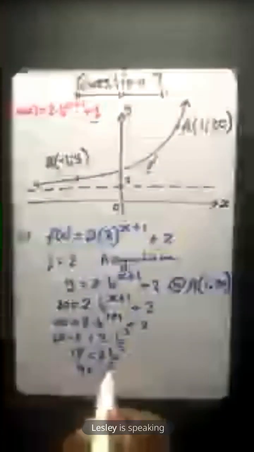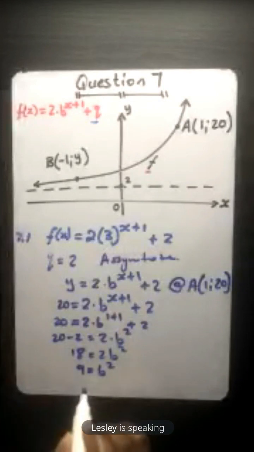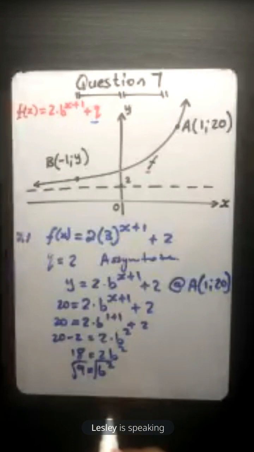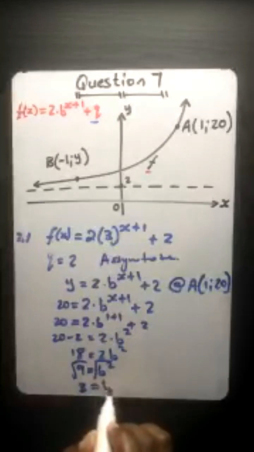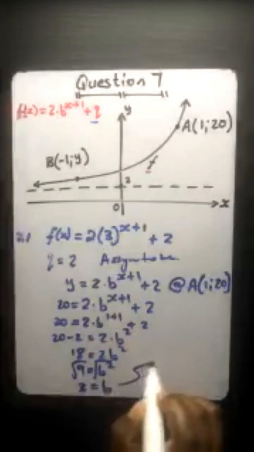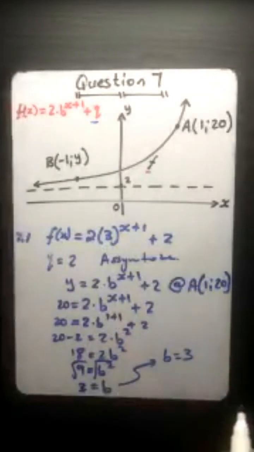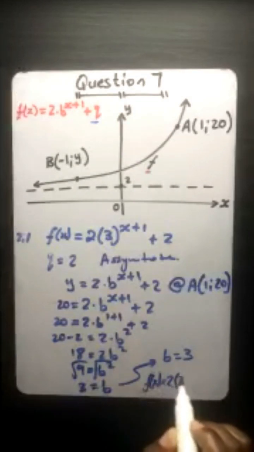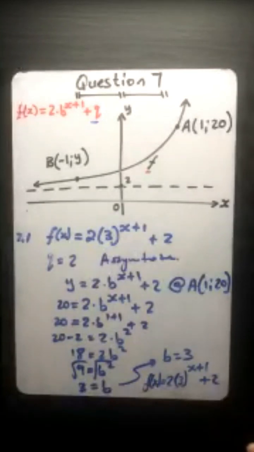So we have 9 equals b squared. Then you square root both sides. And then b is equal to 3. Yes, yes. 3 is equals to b, or otherwise b is equals to 3. And that's how you correctly show that f of x is equals to 2 into 3 to the exponent x plus 1 plus 2.